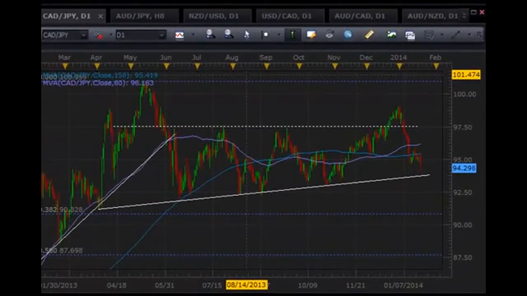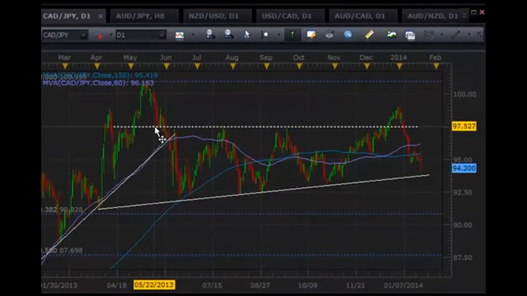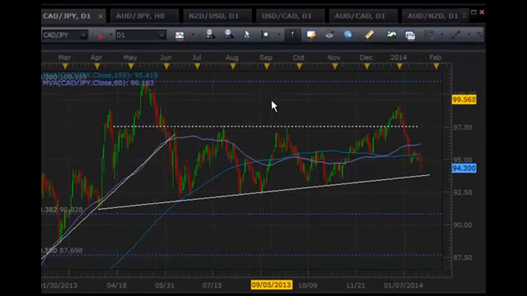CAD-Yen. I would say this is an inevitable breakout. You can see this rising trend line, and there is a general resistance here at 97.50, and furthermore, there is a new one around 99 even. So there's a breakout potential here, but breaking this larger range is not necessarily an imminent threat.